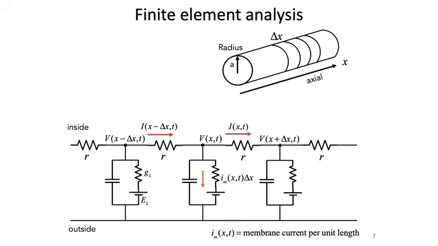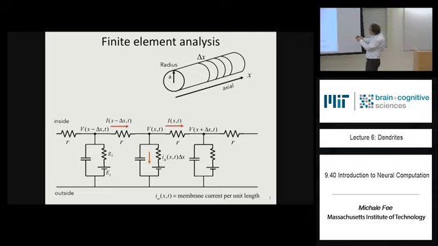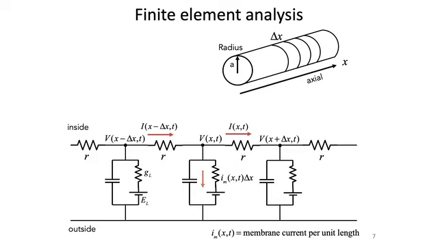Now, we also have to model the current through the membrane. That's going to be I sub m, m for membrane, and it's going to be a current per unit length of the dendrite. We're going to imagine that there's current flowing from the inside to the outside through the membrane, and there's going to be some current per unit length of the dendrite.